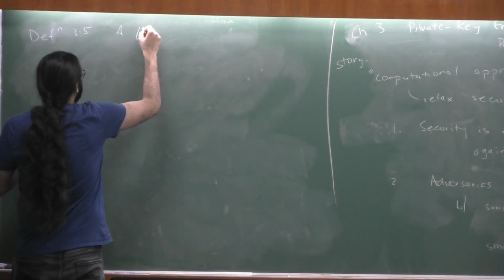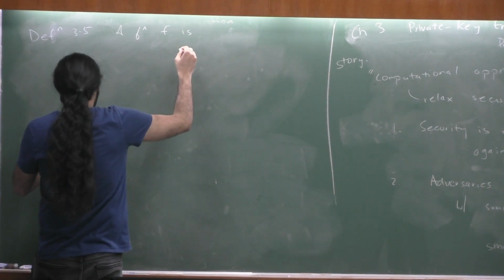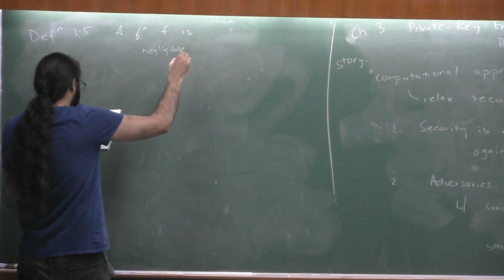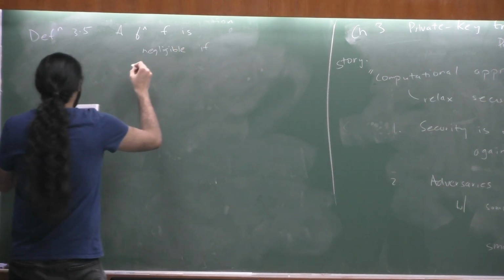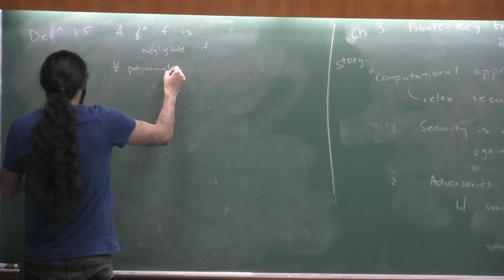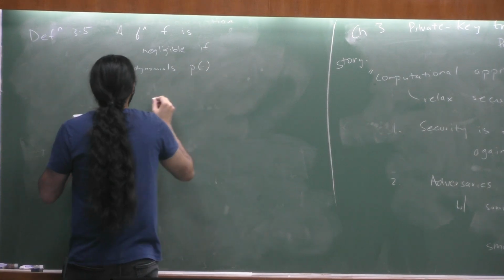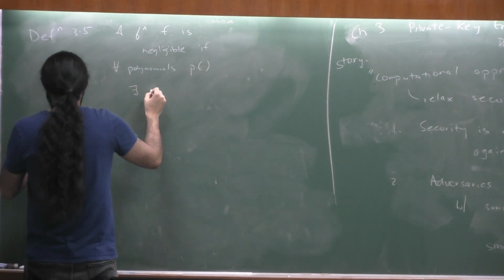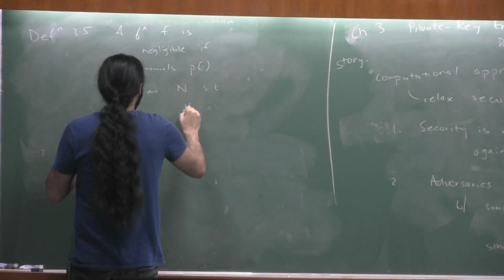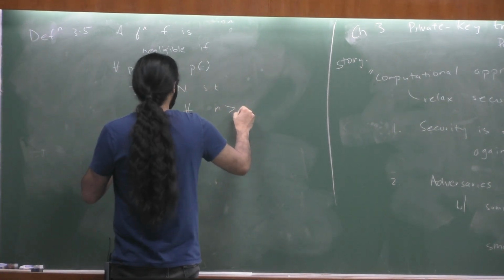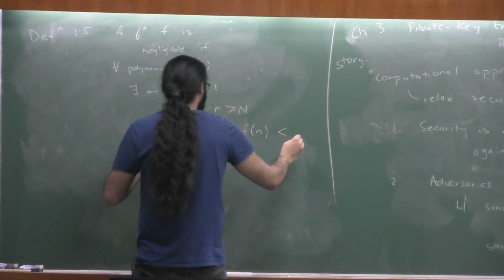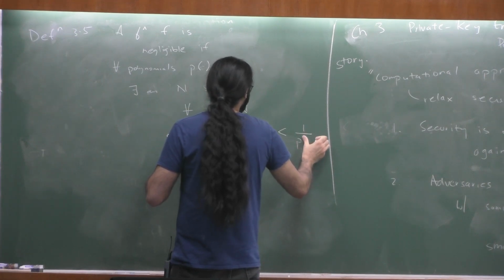So a function f is negligible if for all polynomials p there exists an N such that for all little n greater than capital N, it holds that f(n) is strictly less than 1 by p(n).